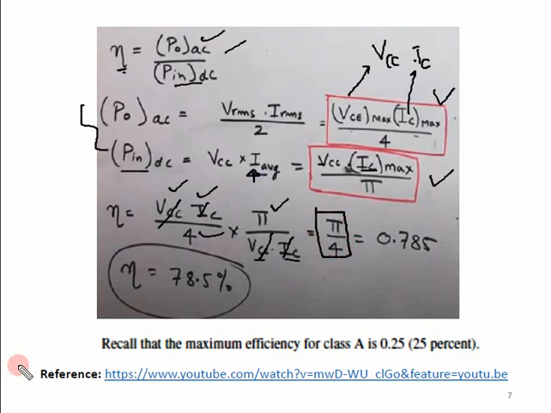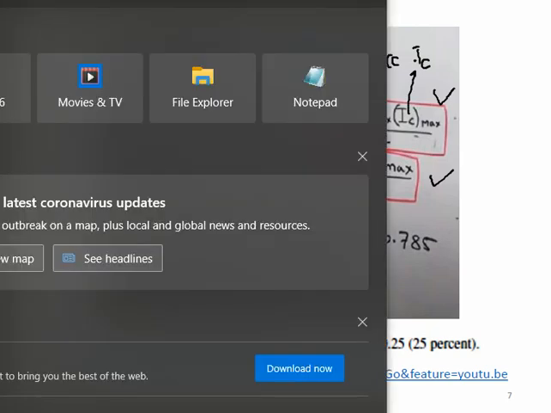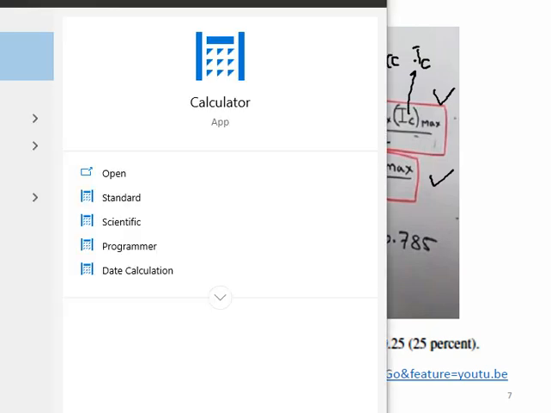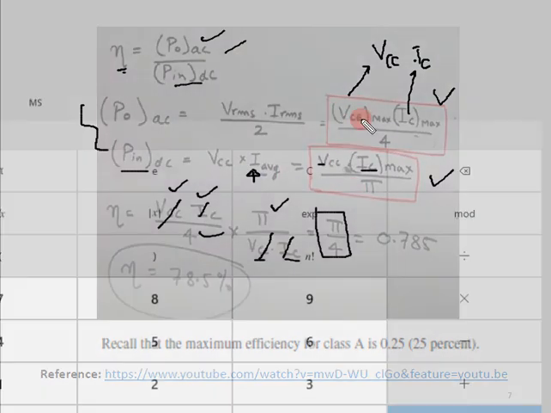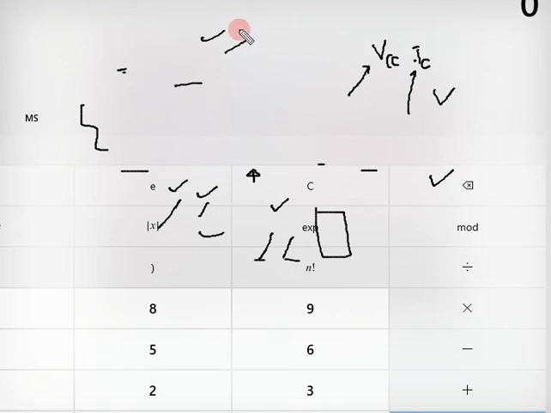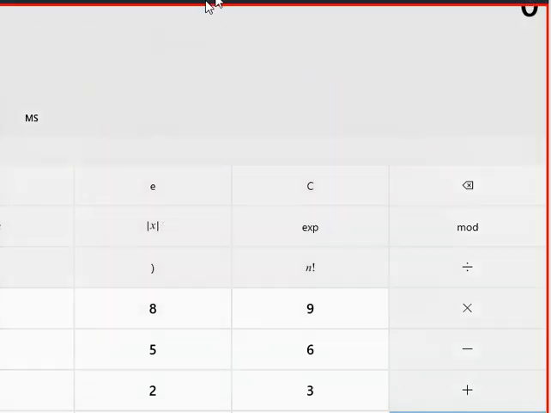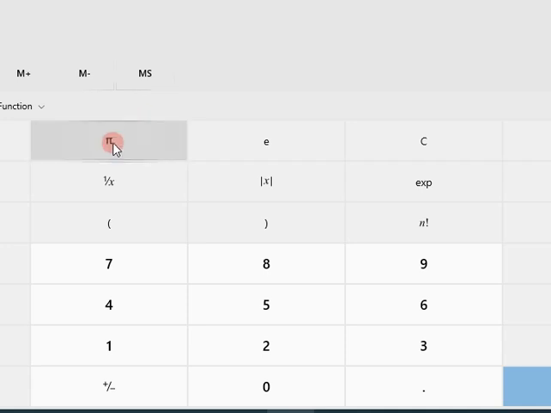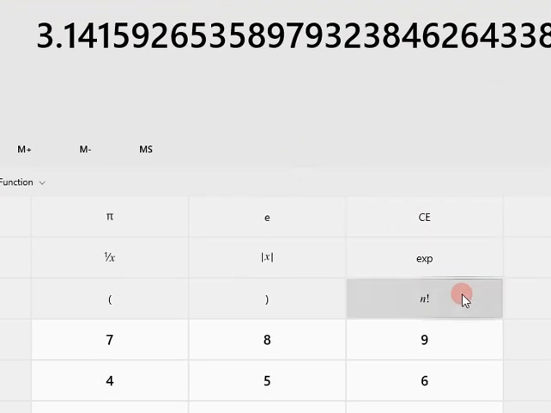Pi by 4. Now if I open my calculator, basically I want to show you how much pi by 4 is equal to. So I can go there, write pi, and divide by 4.